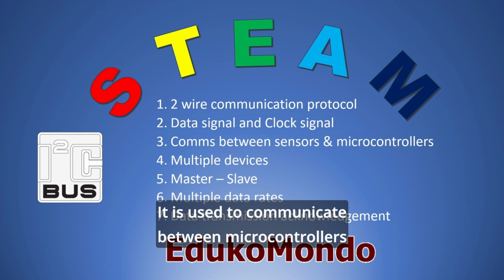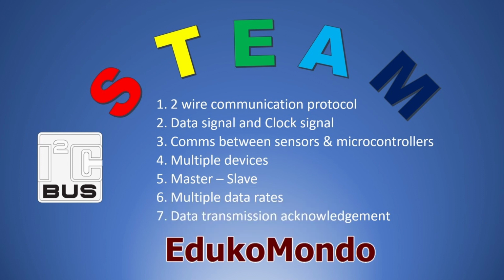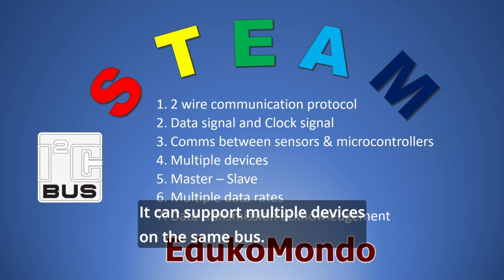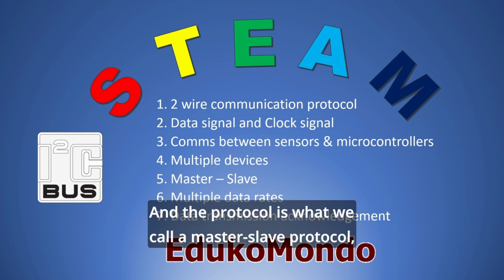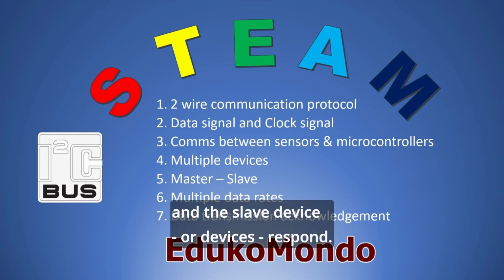It is used to communicate between microcontrollers, sensors, and other peripheral devices. It can support multiple devices on the same bus, and the protocol is what we call a master-slave protocol, where the master device initiates the communications and the slave device or devices respond.